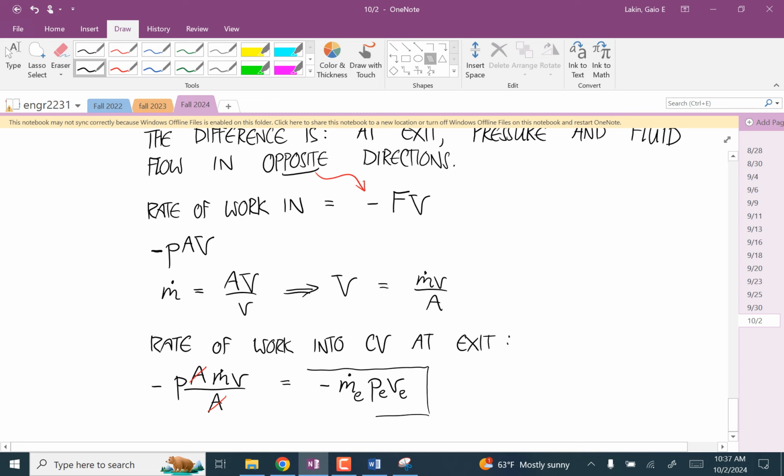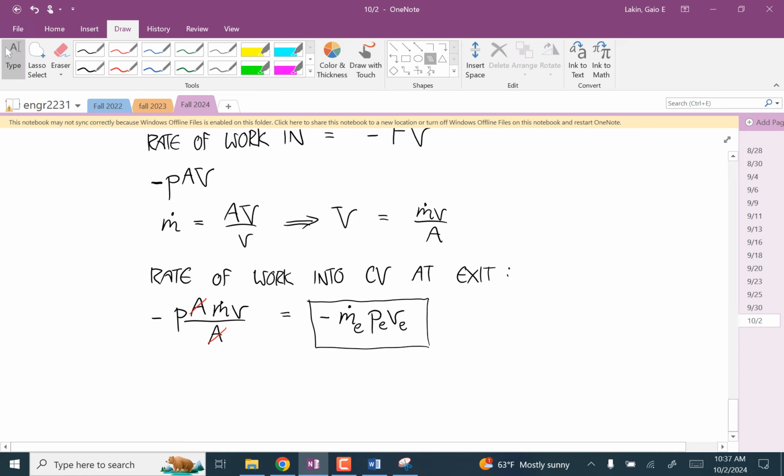Are they always inverses or opposites? They always have opposite signs, yes, because pressure is always against the flow at the exit, and it's always with the flow at the inlet.